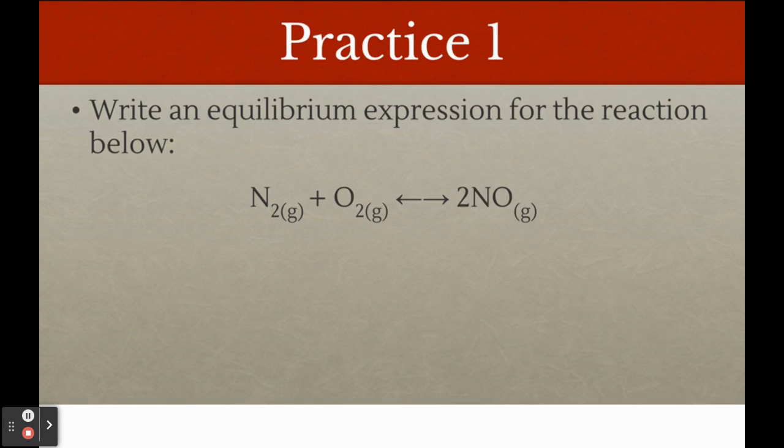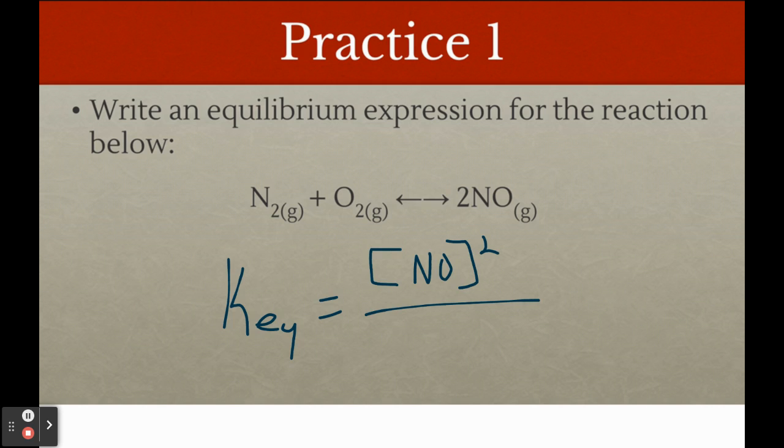So now let's practice writing them. So we have the equilibrium constant, which is KEQ, equals the concentration of the products on top, so the concentration of NO to the second power, and we include NO because it is a gas, divided by the concentration of the reactants.